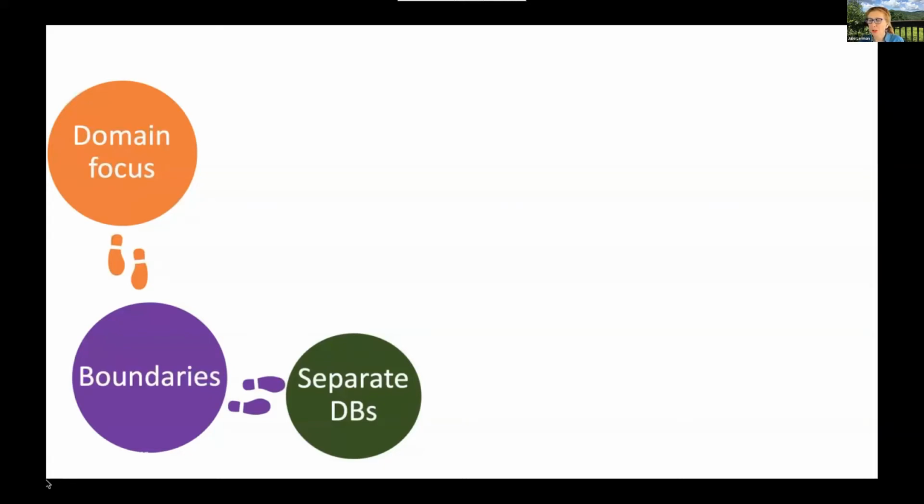But what I'm trying to share with you is not to make sure you understand why it's important to have separate databases, but how I slowly evolved my understanding of domain-driven design by saying, okay, first I understand this, right? Then I understand boundaries. And then I really fought against the idea of separate databases, but eventually I got there.